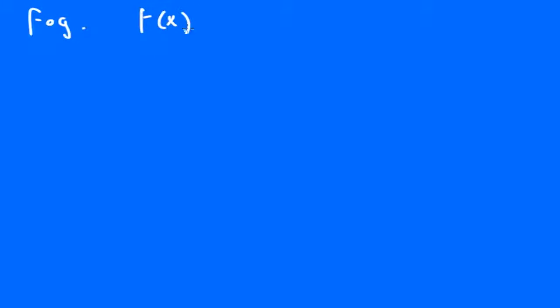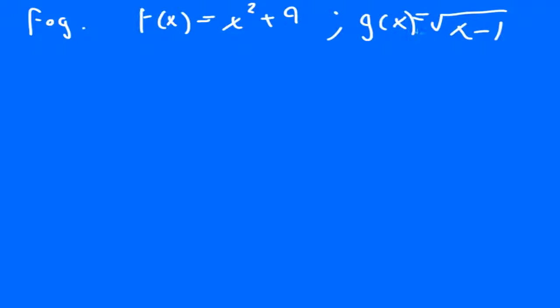Our f of x is equal to x squared plus 9, and our g of x is equal to the square root of x minus 1. What is the domain of g of x?